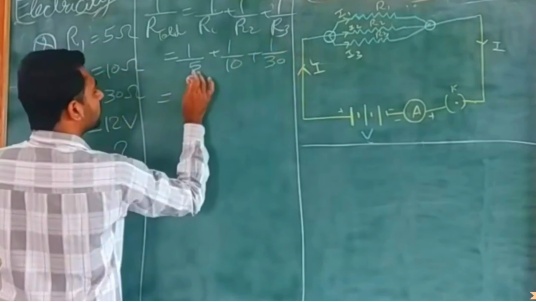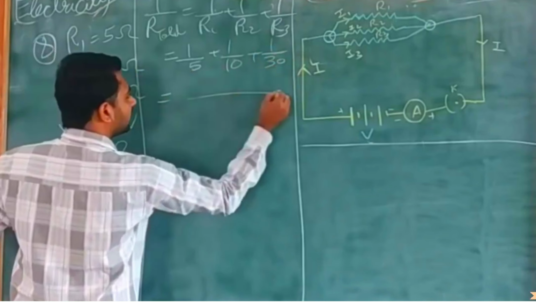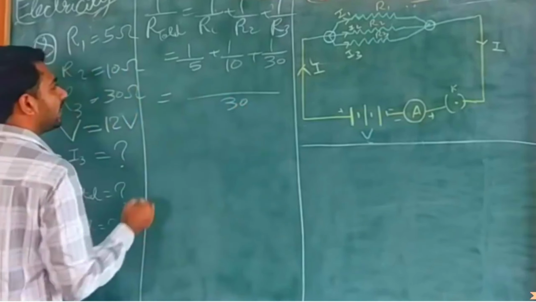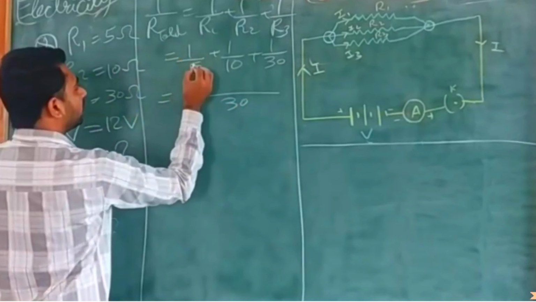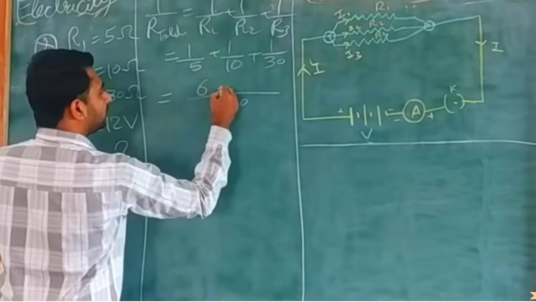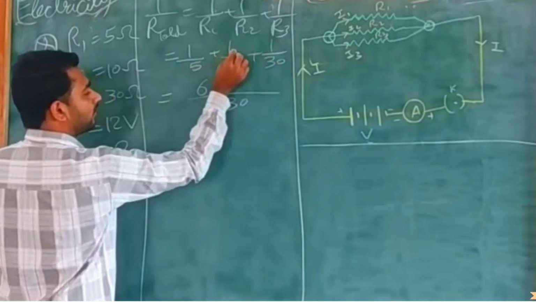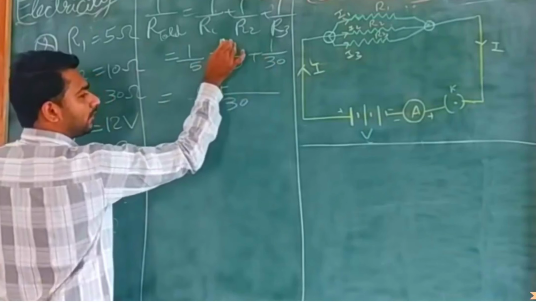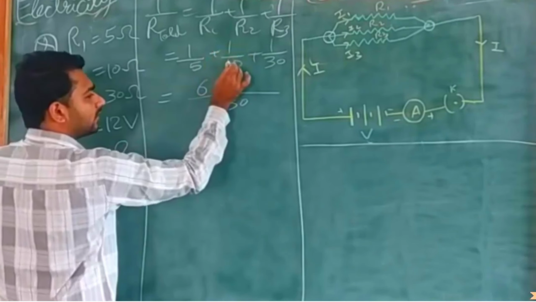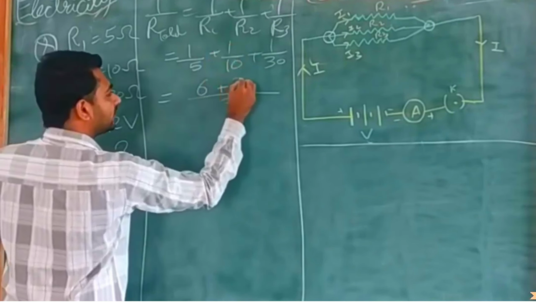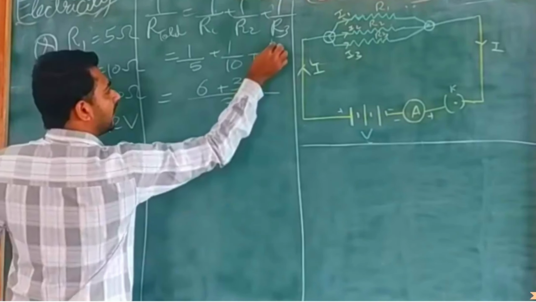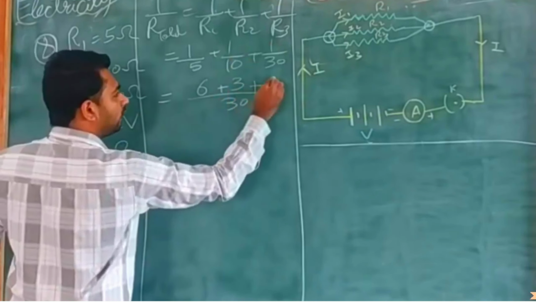Now taking the LCM of 5, 10 and 30, the LCM is 30. If I multiply 30 over here, 5 6s are 30, plus 10 के ऊपर मैं अगर मल्टीप्लाई करता हूँ 30, तो 10 से 30 डिवाइड हो जाएगा. हाँ, तो 10 3s are 30, प्लस यहाँ पे अगर मैं 30 रखता हूँ तो I will get 1.